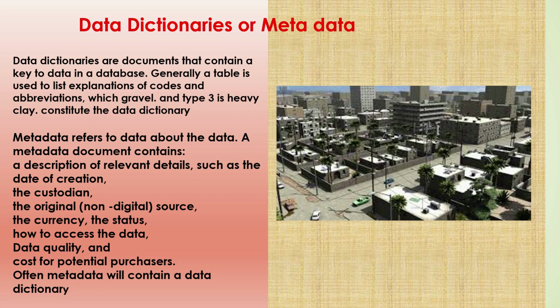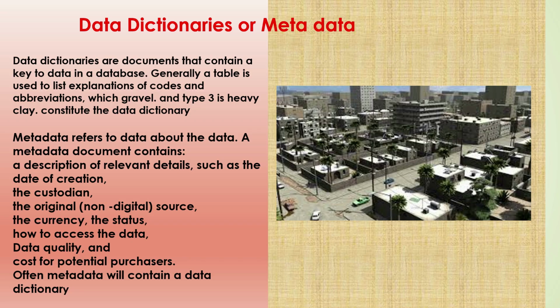Actually, metadata is referred to as data about data. It describes, it provides information about the data that you are showing. Usually, it is added as a header file in some files. It is not included as GIS data.